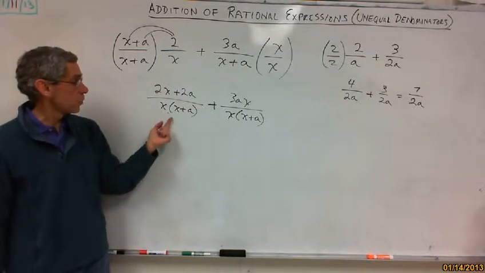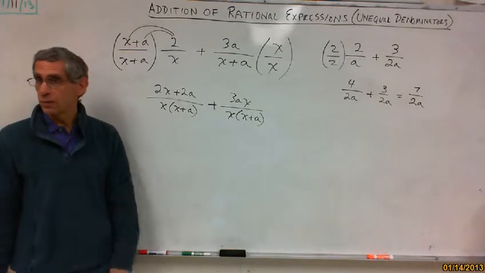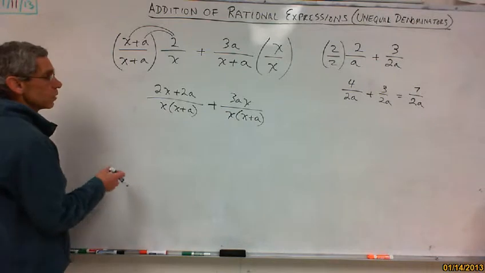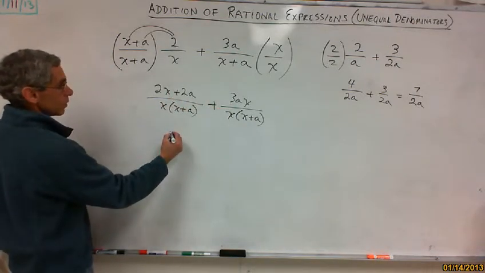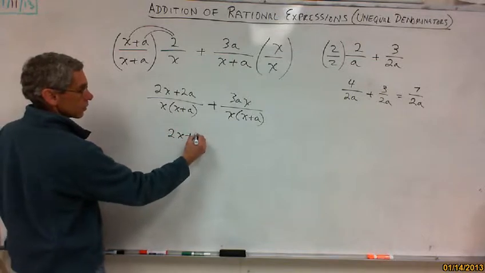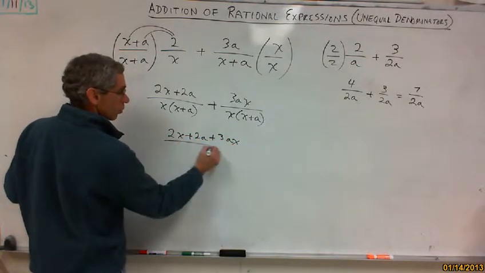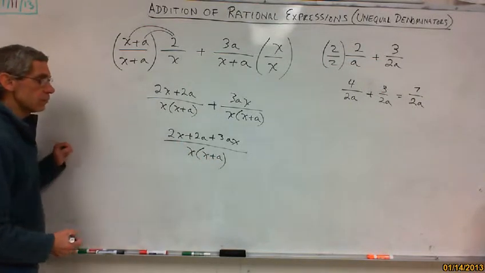Whereas if I multiplied it out, I wouldn't see those factors and wouldn't necessarily have it in simplified form. So because I have common denominators, I can just combine the numerators. So it's 2x plus 2a plus 3ax all over x times x plus a. I'm done.